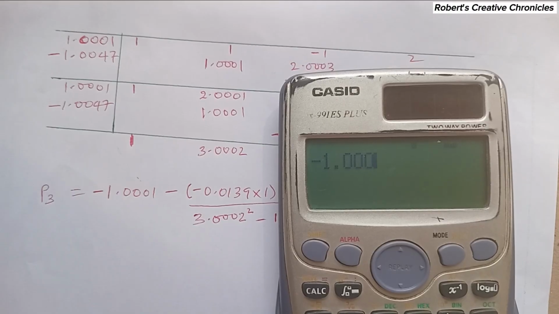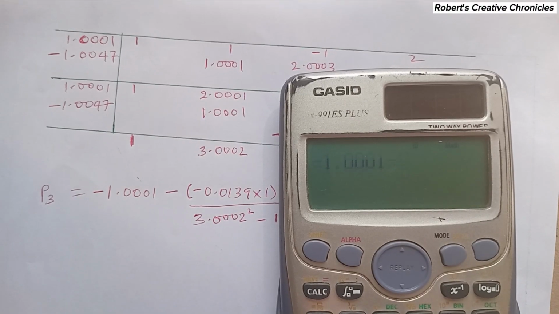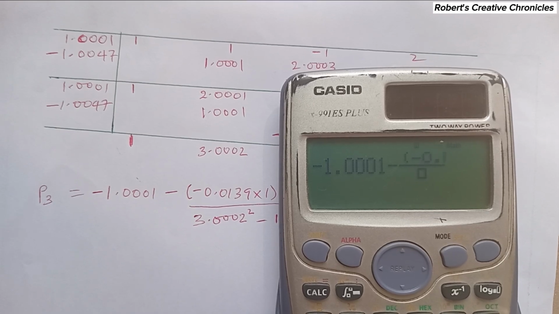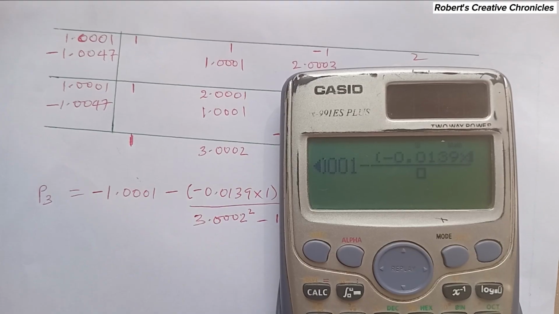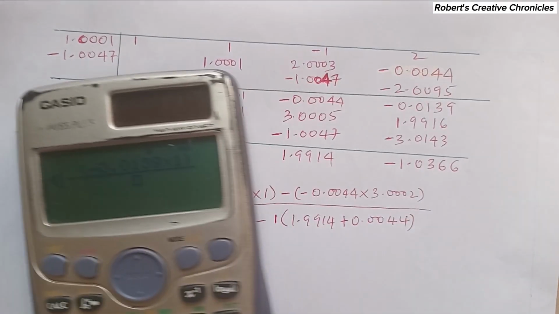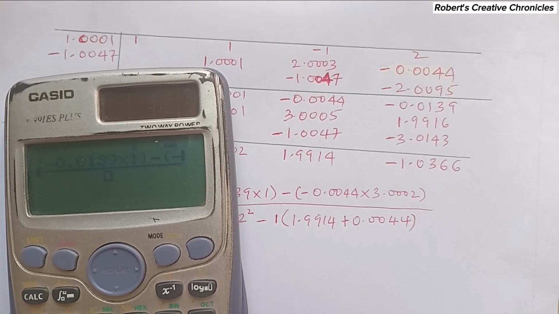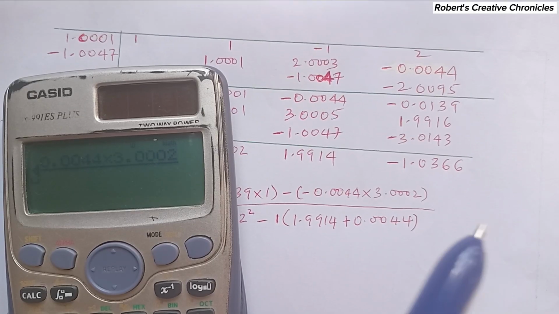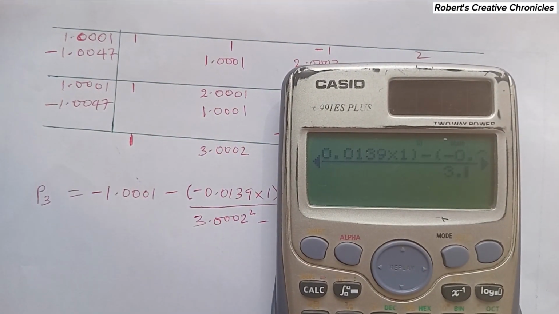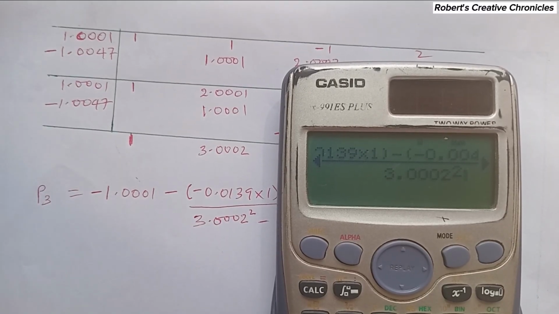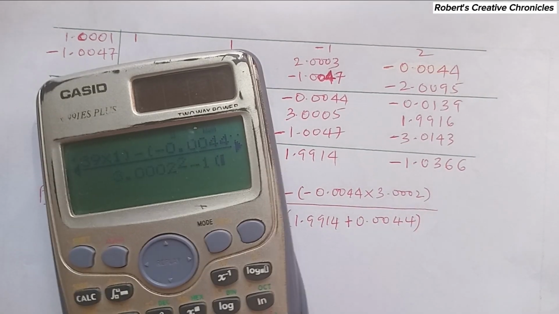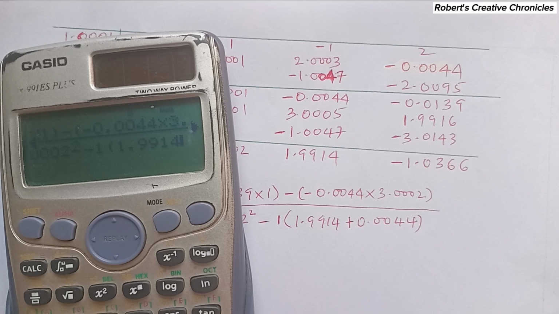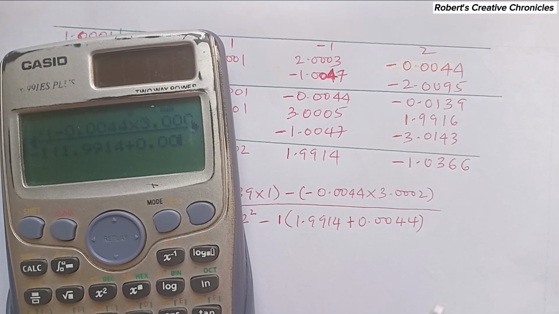Minus 1.0001 minus, is negative 0.0139 times 1 minus 0.0044 times 3.0002 and 0002 square minus what? 1.9914 plus 0.0044.